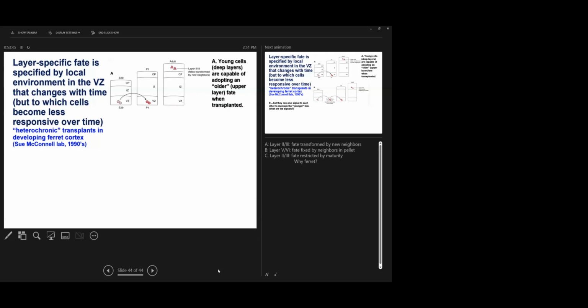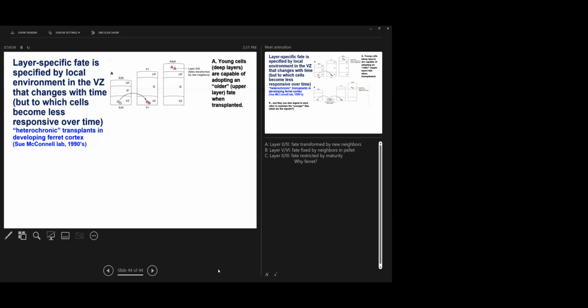Okay, so when they transplanted these cells into the ventricular zone of the P1 stage ferret, they found that these cells take on the older cell fate.